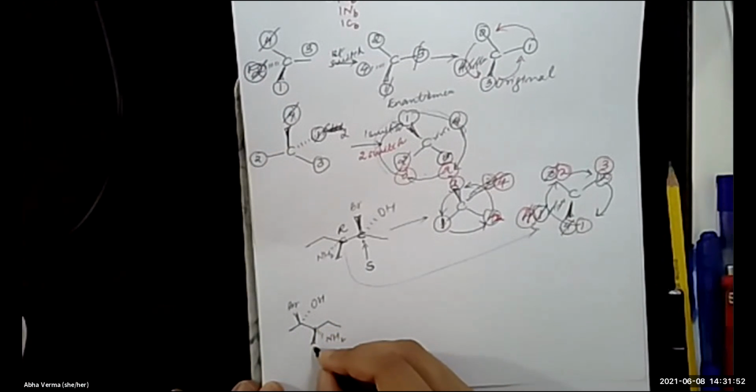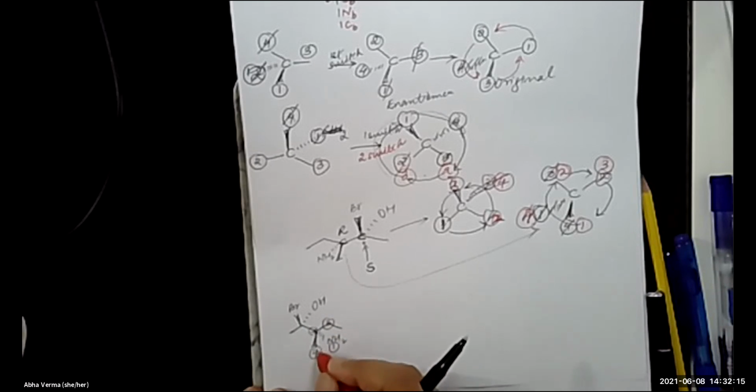At this carbon, this group is going to be my number 4. This group NH2 is going to be my number 1. This ethyl group is going to be my number 3. And this big bulky group is going to be my number 2. And so there is another way.